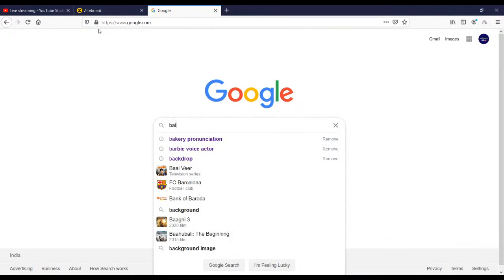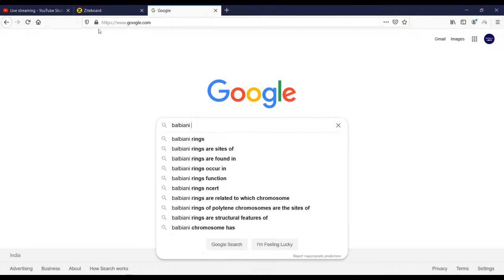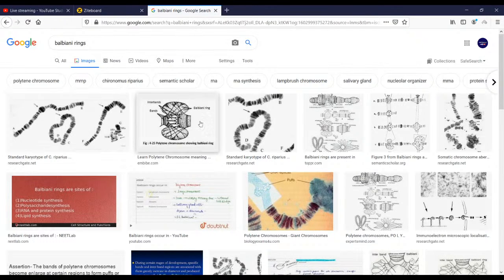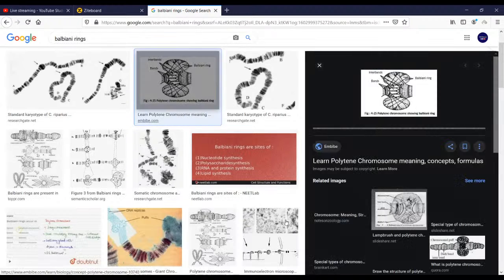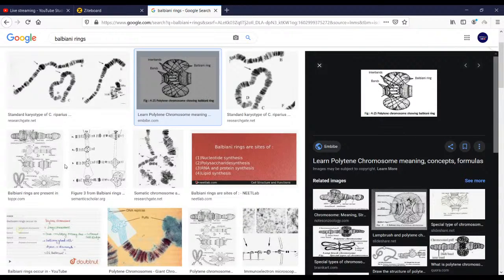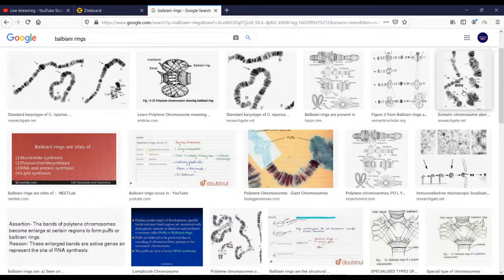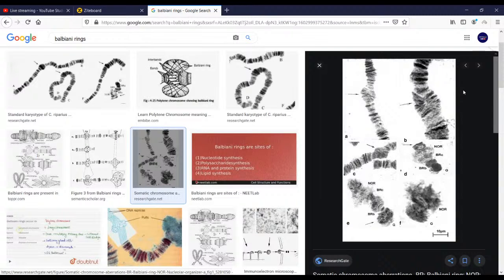So Balbiani rings look like puffs. This is how they look. So these are the sites of Balbiani ring.